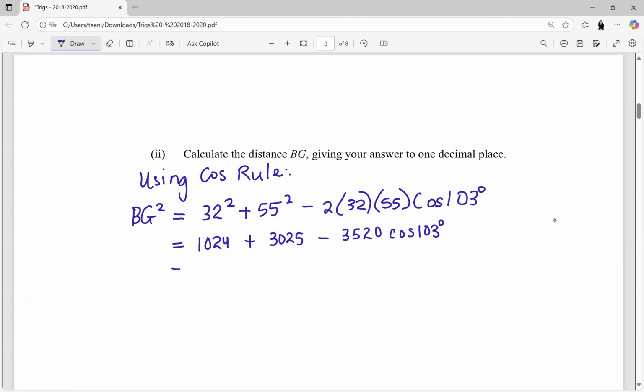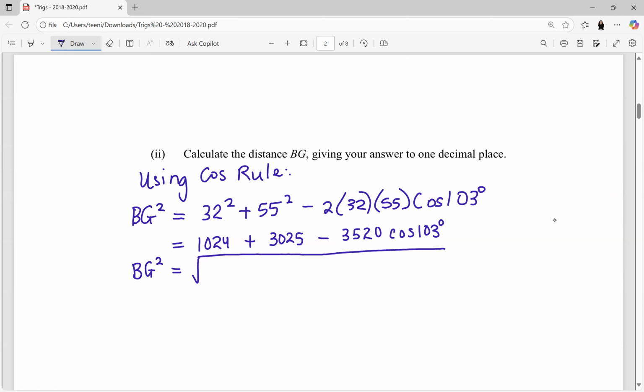All right, so this would be equal to, now I'm going to type this entire thing on my calculator. 1024 plus 3025 minus 3520 cos of 103. It's a really big number.